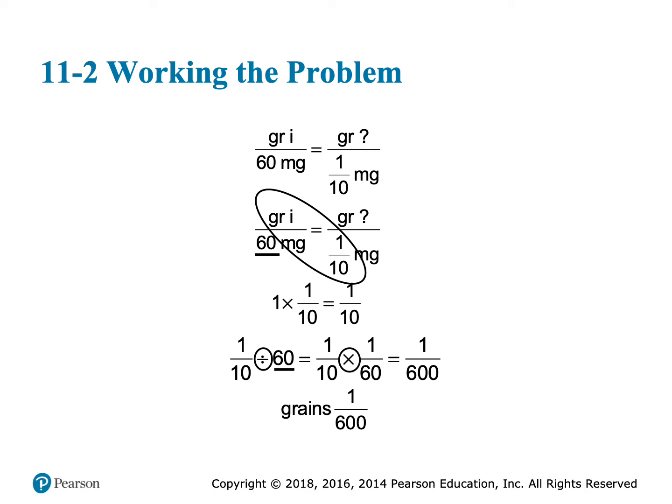So that gives us 1/10 times 1/60th, and that equals 1/600th when we multiply straight across, 1 times 1 and 10 times 60. So our answer is grains 1/600th.